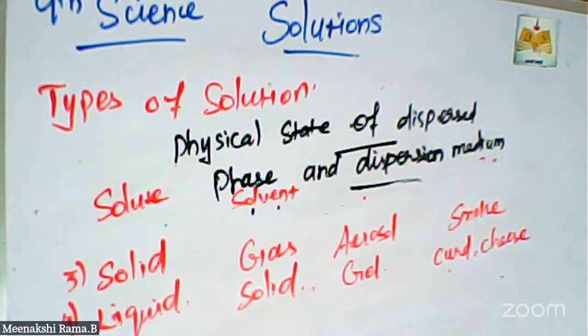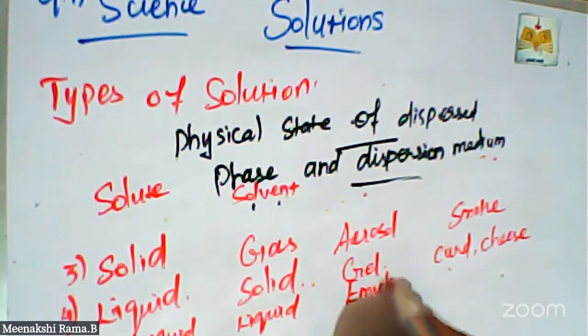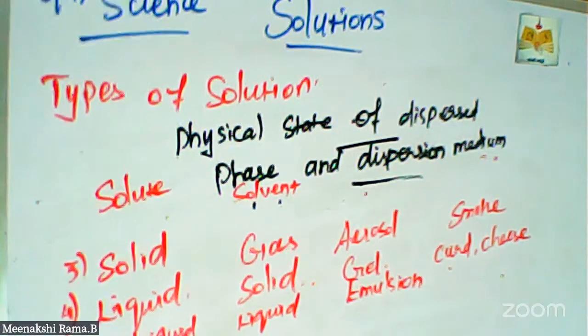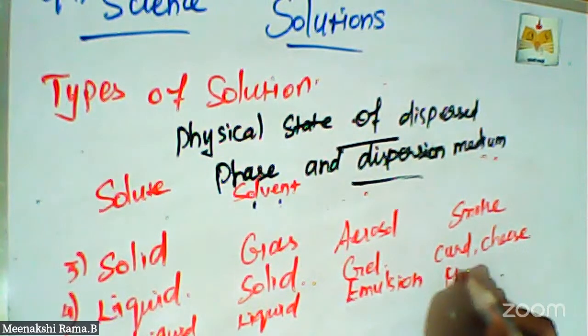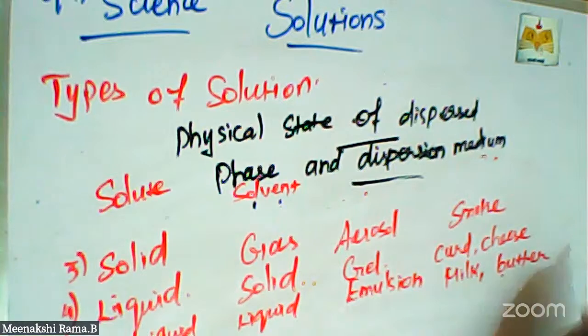And then liquid and liquid mixture is called emulsion. Milk and butter are good examples of this liquid mixture.